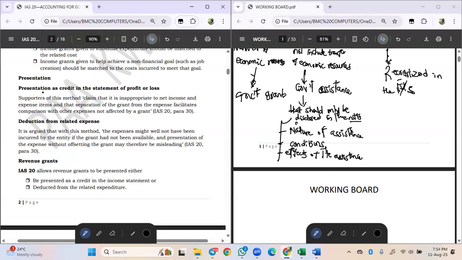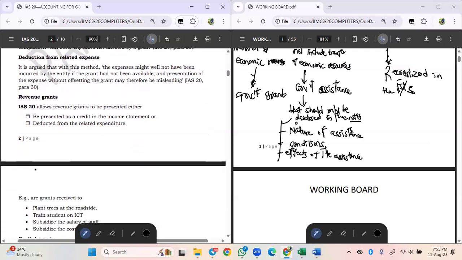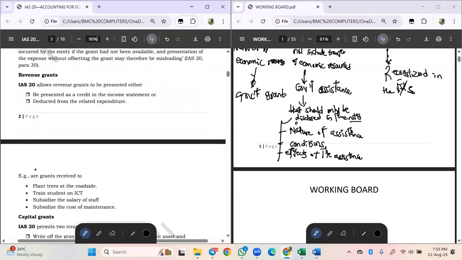So we have the deferred credit method, and also the deduction approach, okay? So whether revenue or capital grant, we are going to use these two methods, and we are going to solve some examples, and you appreciate the concept very well.